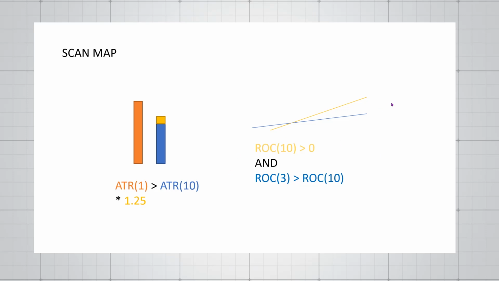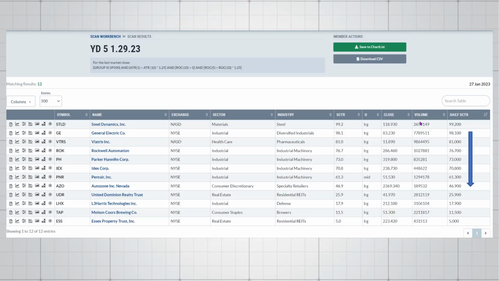So we can infer something from the syntax we're using. We don't necessarily need to put in every concept if the concept we're searching for is included within the context of other syntax. Let's take a look at what happens when we run this scan.